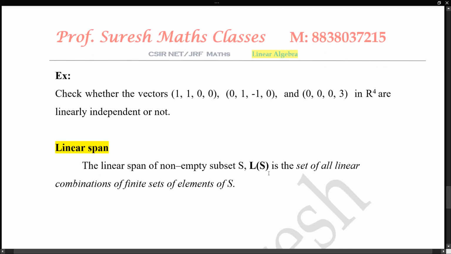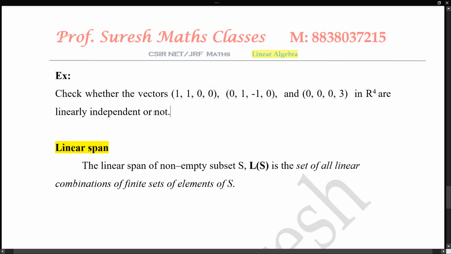Linear span: the collection of the set of all linear combinations of finite sets of elements of S is called the linear span of S. The meaning is, suppose we have only two vectors, so what are the possibilities for linear combination of these two vectors? You can take one at a time, multiply with a scalar.